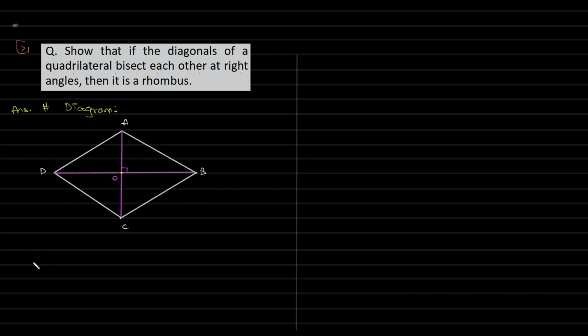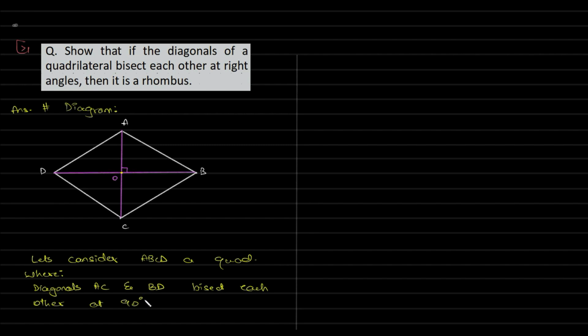So we have been given that, let's consider ABCD a quadrilateral where diagonals AC and BD bisect each other at 90 degree.